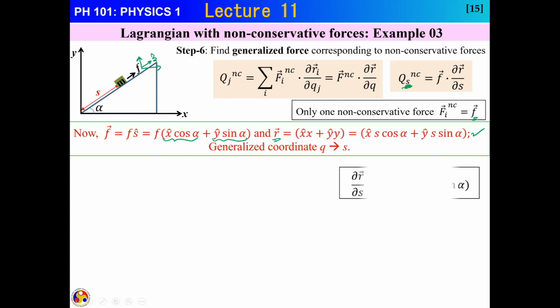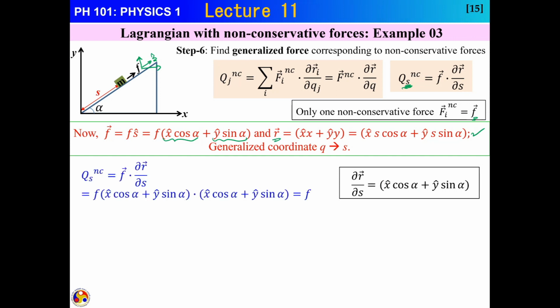So let's put together and see what turns out. The partial derivative of r with respect to s: s cancels out, x cap cos alpha, y cap sin alpha comes here, and now let's bring in F. We know the partial derivative of r with s, so you put it together. So here this is x cap, so cos square alpha, and this is y cap, sin square alpha.